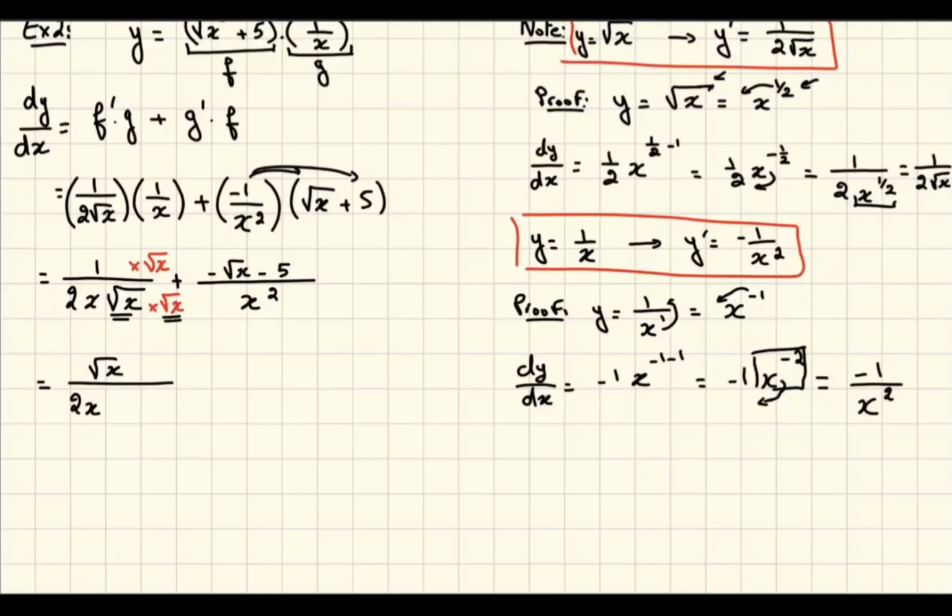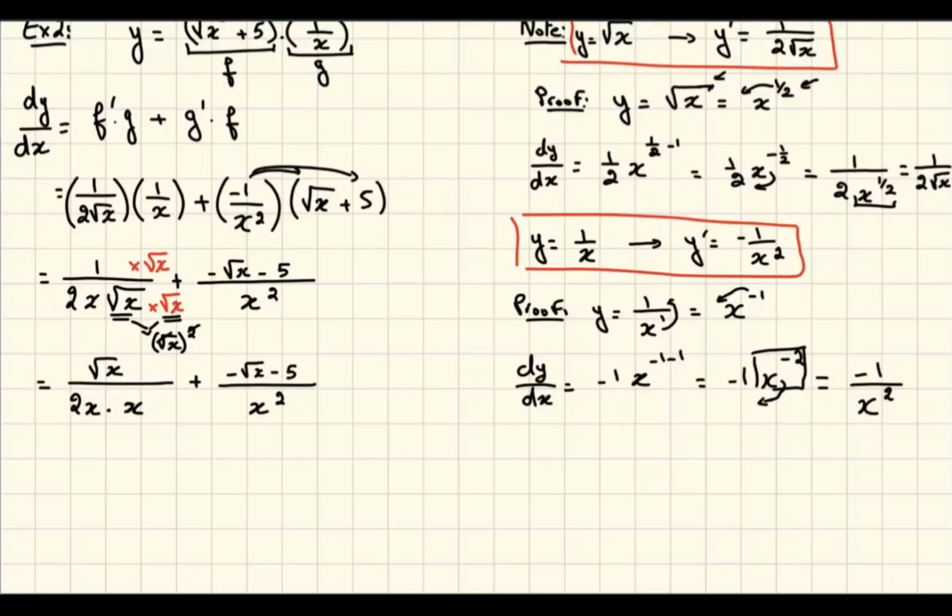Now radical x times radical x, this will give me radical x squared. The square with the radical can cancel, so radical x times radical x, directly you can write it as x, plus the other one is x squared minus radical x minus 5 on top.